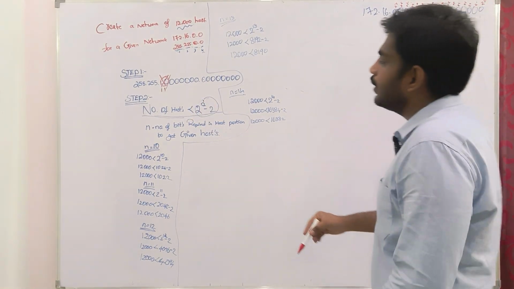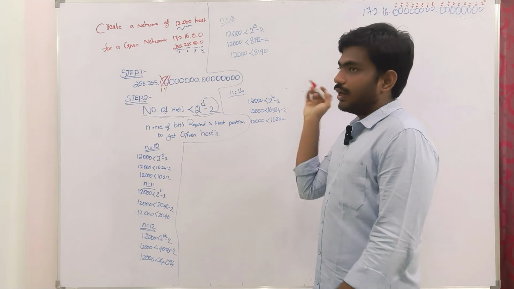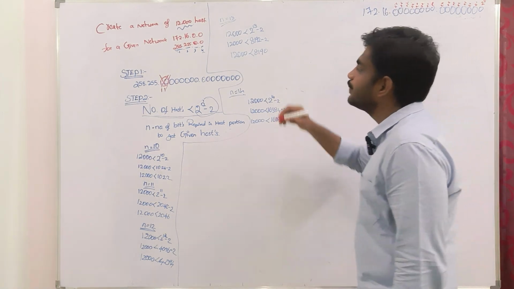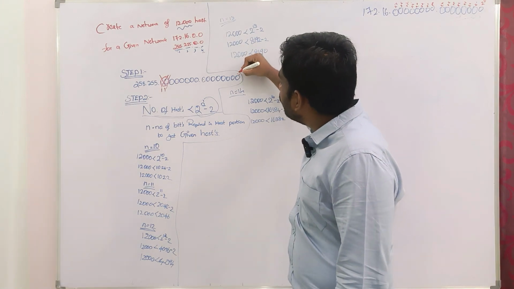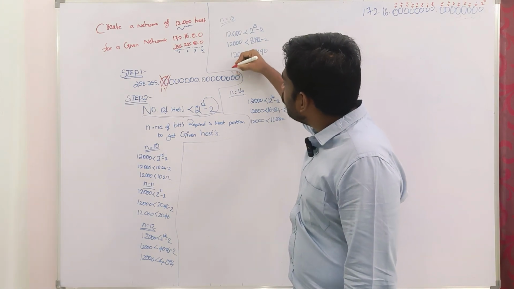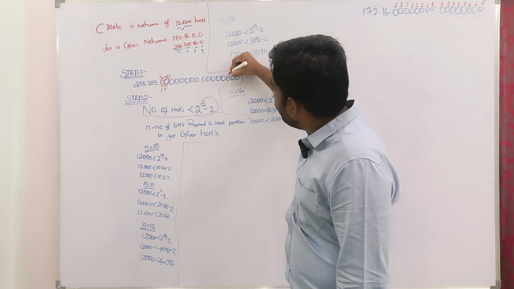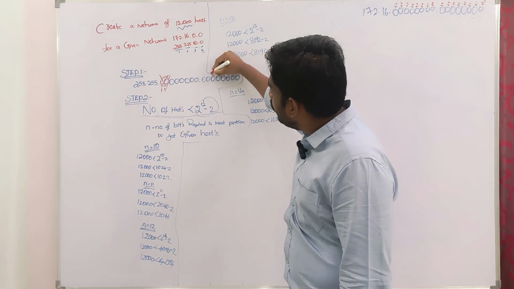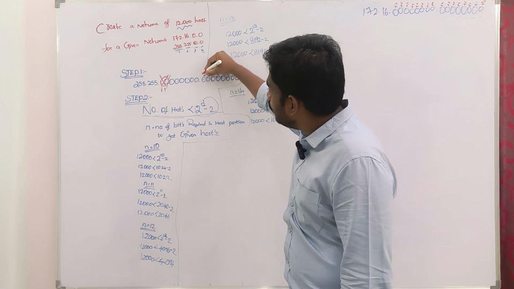In the host portion, you count from right to left in the power of 2 with the corresponding bits. So 2 power 0, 2 power 1, 2 power 2, 2 power 3, 2 power 4, 2 power 5, 2 power 6, 2 power 7.